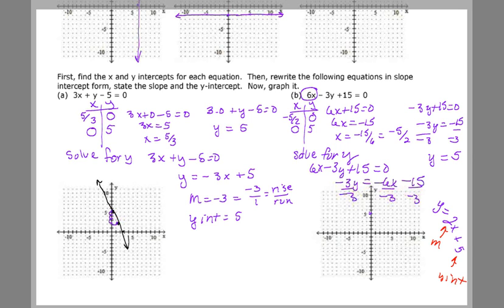So I can start here at 5 and do my rise over my run, which means I'd go up 2 and over 1, which would put me right there. That gives me 2 points on my line, and I can connect the dots. Or I could use the 2 points. 0, 5 is here, and negative 5/2, 0 is here. So however you choose to graph that.